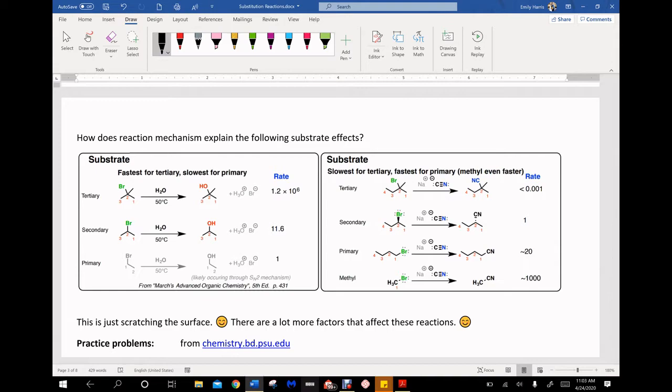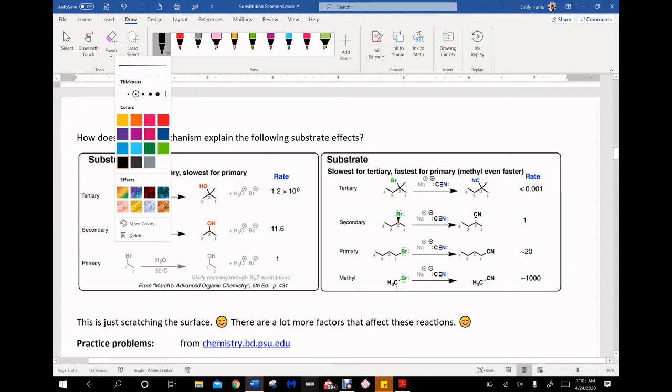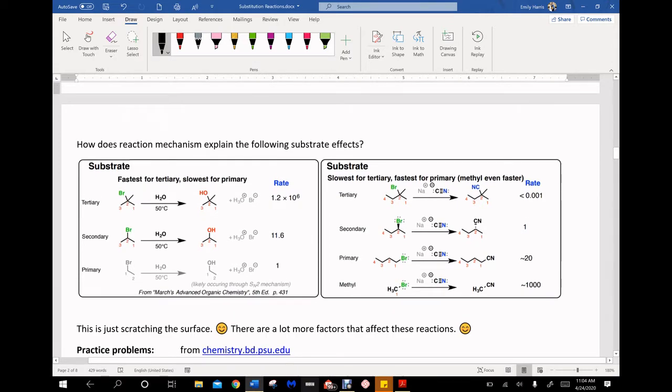Okay, so now it says, how does reaction mechanism explain the following substrate effects? So there's kind of 2 things that we want to think about here. Is that when the substitution reaction is proceeding via an SN1 mechanism, what happens is that a carbocation is formed.